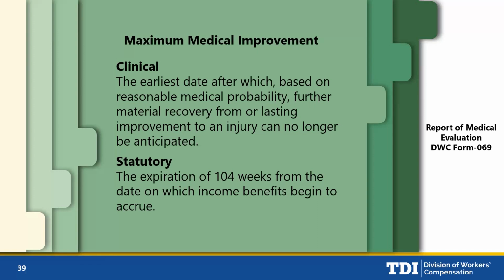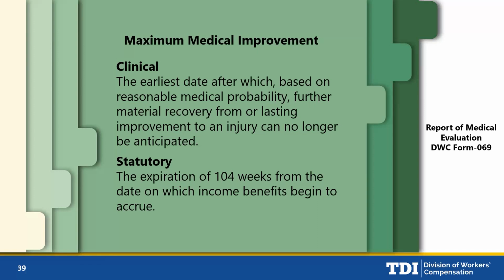Now, if they go 104 weeks from when their benefits started to accrue, that's 2 years, then the statute kicks in and says they're at a statutory MMI. That's if the doctor hasn't put them at a clinical MMI before that. So again, it's a date. So it's somewhere between when it happened and when their benefits started to accrue, the 104 weeks.